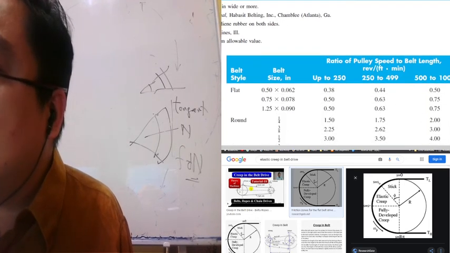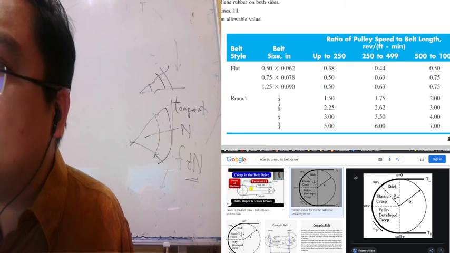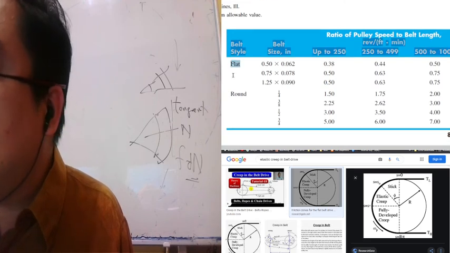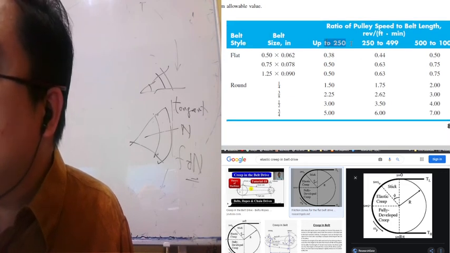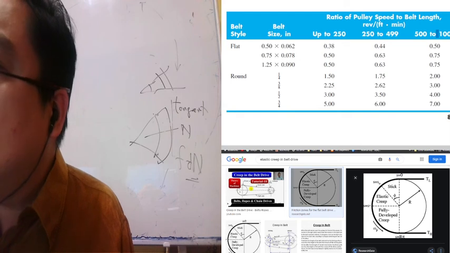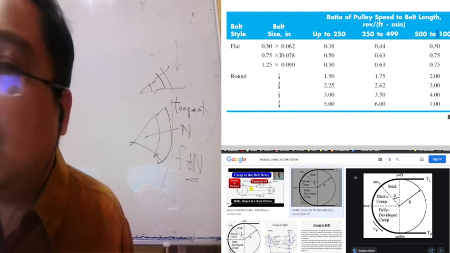This is table 17.3 for minimum pulley size for flat and round urethane belts. For belt style, it gives the ratio of pulley speed to belt length. This ratio gives you some guideline on which belts are suitable for your case.